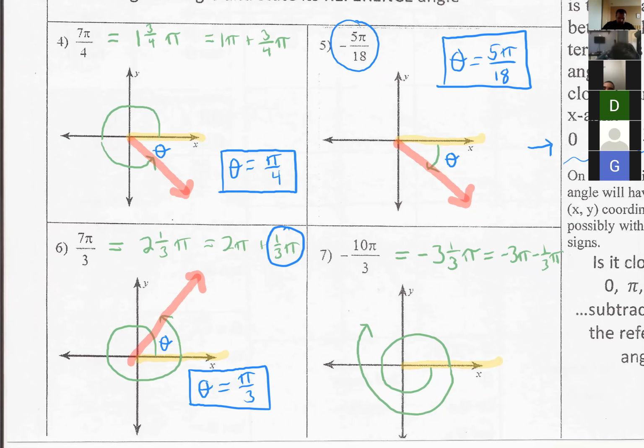So now I am going to use highlighter. It's going to look like this. And to identify where theta is, it uses the terminal side where we stopped and the closest part of the x-axis. See how this one, we're on the left side of the graph? This is the first one we've done on this page where we stopped on the left side of the graph.